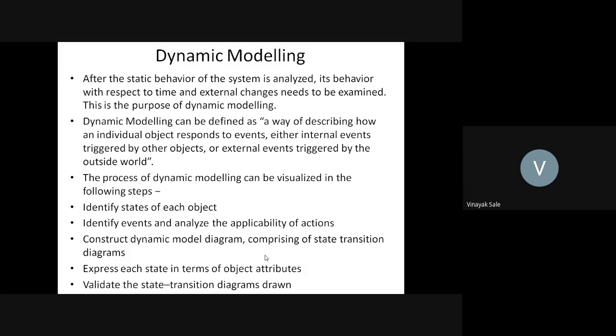This is the dynamic model. In the object model, we have studied what the object can do, but in the dynamic model, we will study how the object can act with respect to its event, either by internal attributes or external attributes.